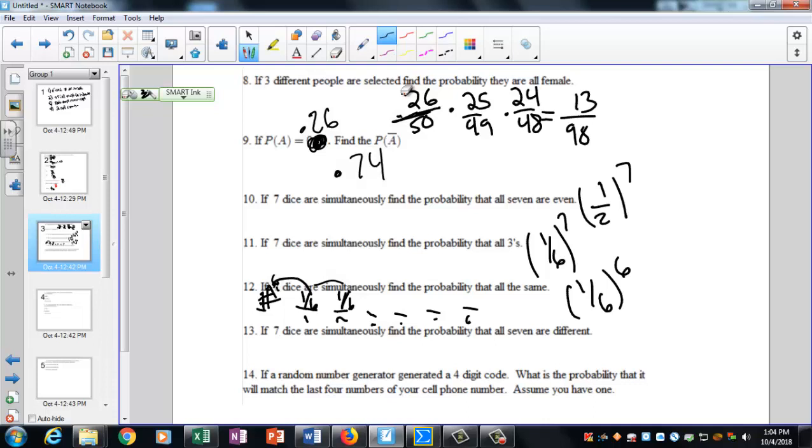At least one of them has to be the same as another one because there's only 6 options. The probability that all 7 are different. It wasn't a trick question. Right now, there's people going like this, no, that was a trick question. No, for real. That was a trick question. You cheated.